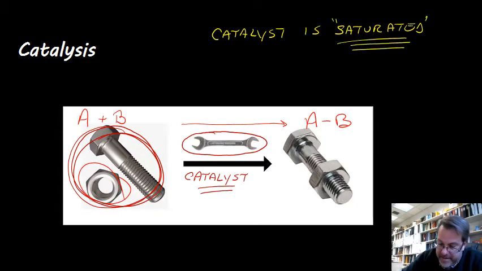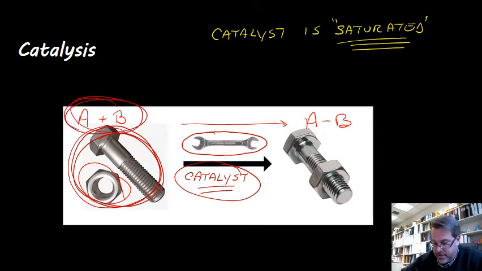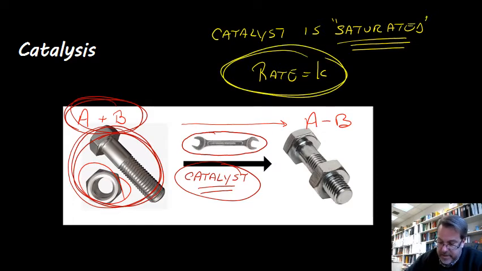The catalyst is handling as much reaction as it possibly can, and all of the reactants are just going to have to wait their turn to get at that particular catalyst. And when that's the case, then the rate is only going to depend on the number of catalyst species, and the reaction rate will not depend on the concentration of A and B, and so you get a reaction rate that looks like that, and the k will have something to do with the catalyst. Right.